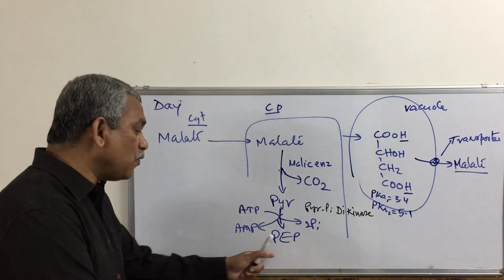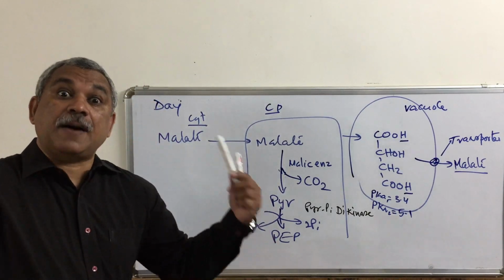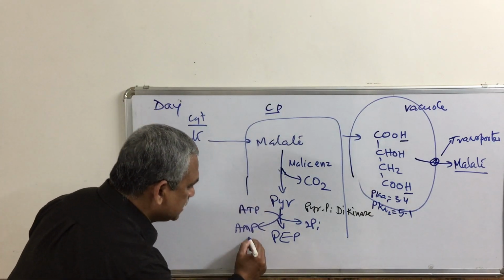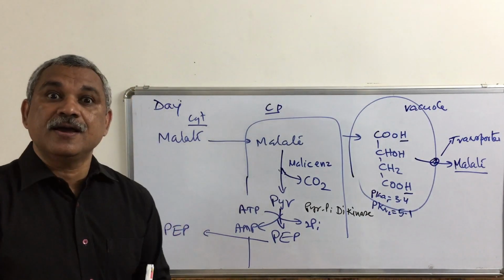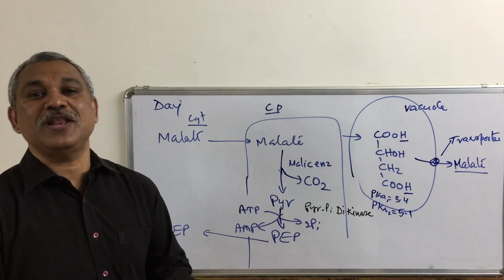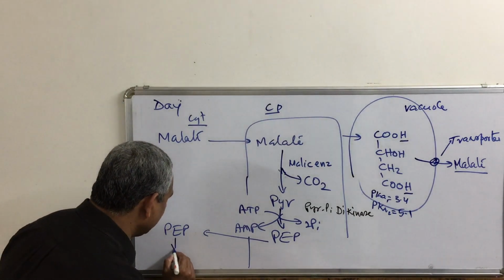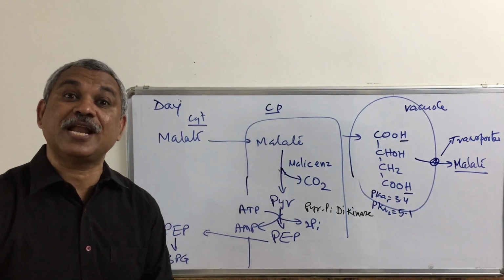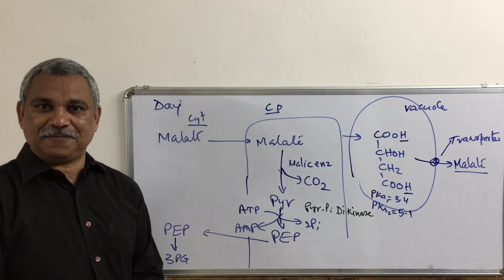Once you have phosphoenolpyruvate, it will come out of the chloroplast. Once it is in the cytoplasm, phosphoenolpyruvate will be converted to 3-phosphoglycerate. Remember, it is in fact the reversal of glycolysis that will create 3-phosphoglycerate.